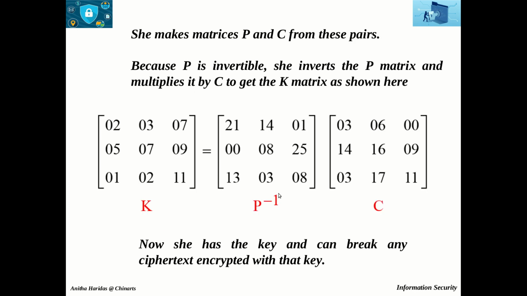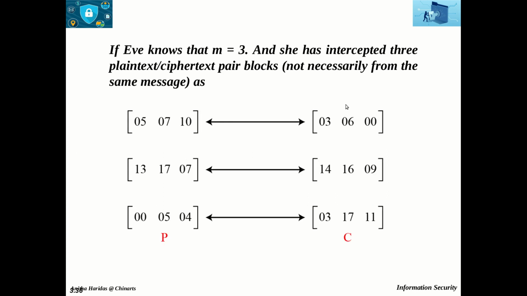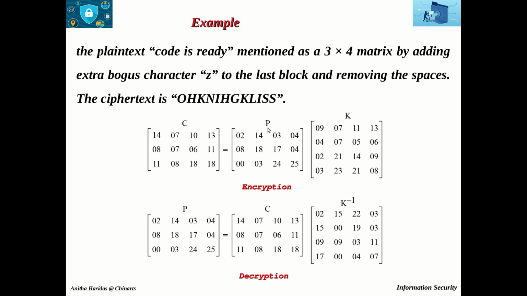Once she has created the pairs, and P is invertible, she inverts the P matrix and multiplies it by C to get the K matrix. This is possible because C is equal to P into K.